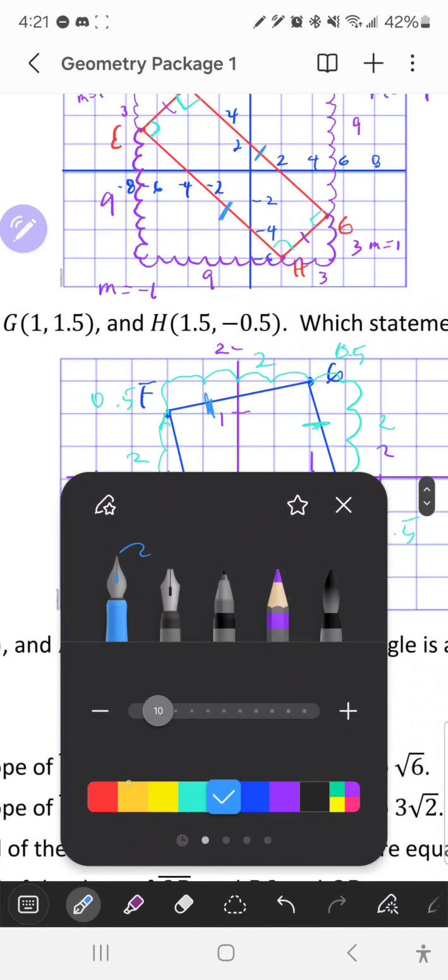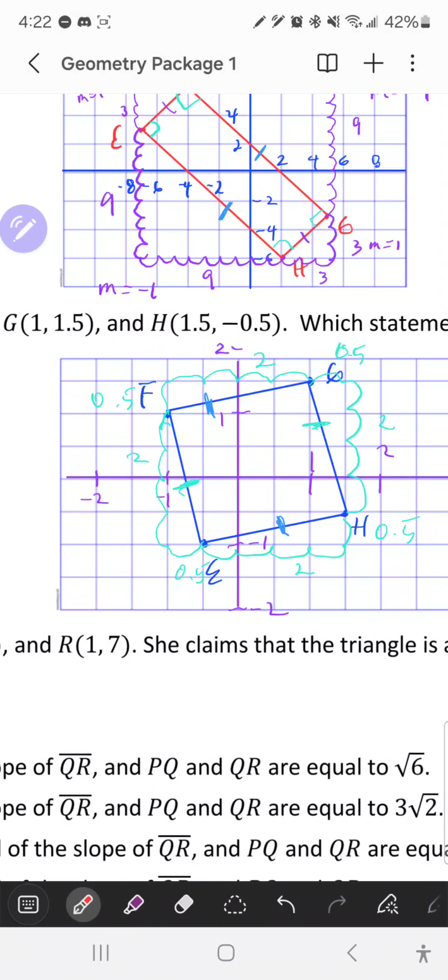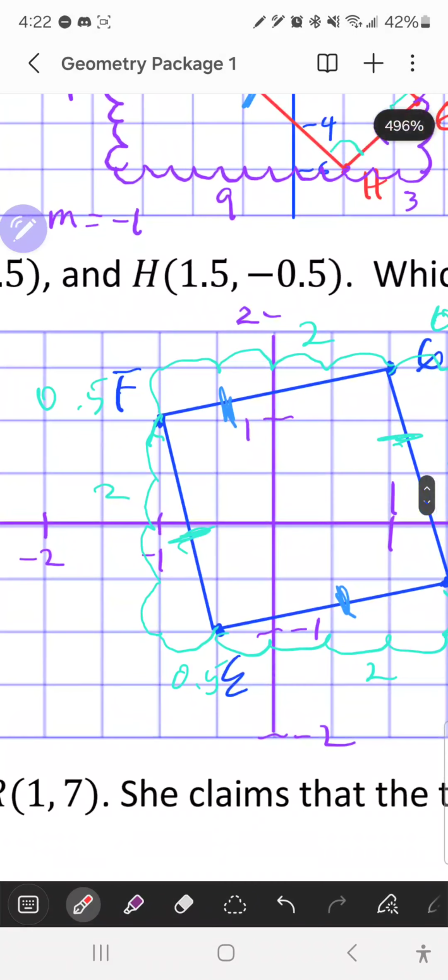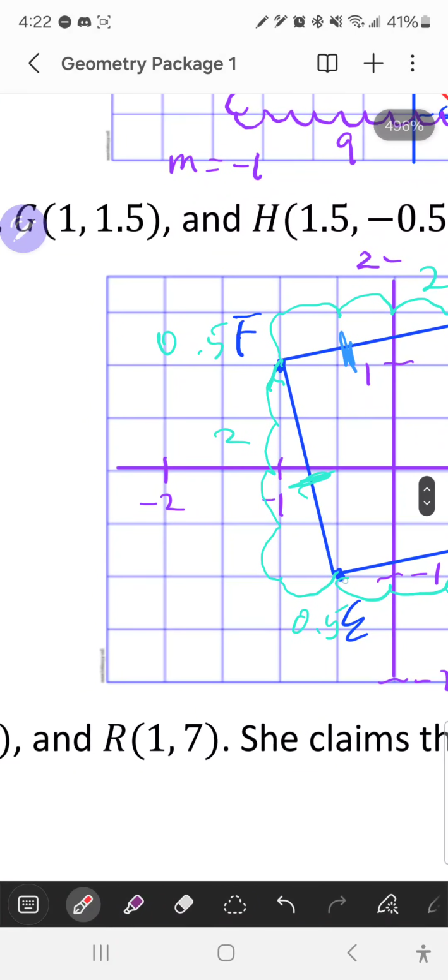Now also the slope. The slope of FE is going to be rise over run, so 2 over 0.5, which is basically 4, but since it is going down, it will be minus 4.